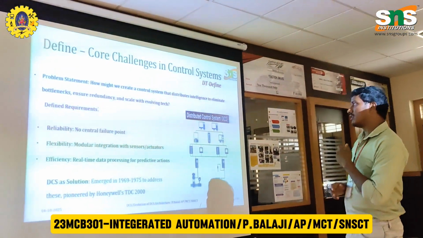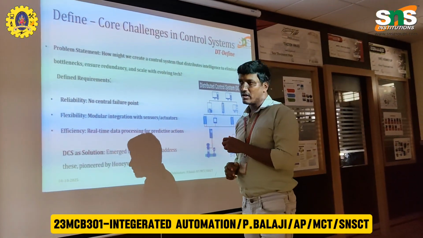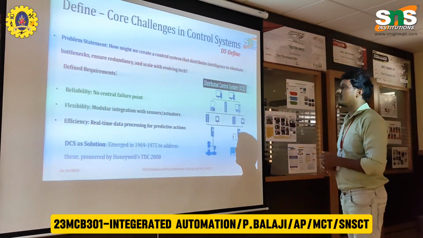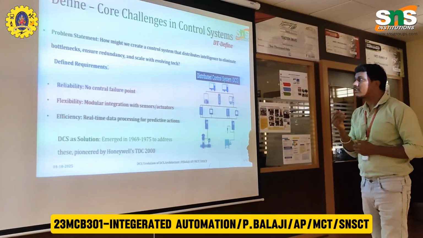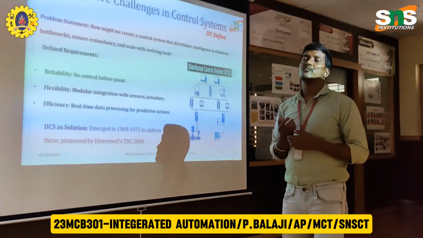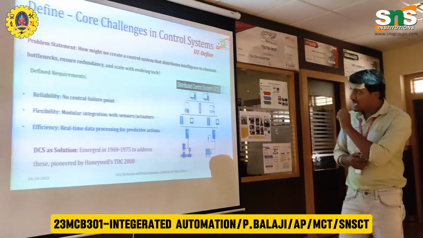So, define. What are the steps to rectify all those problems? We have many steps available. In the problem statement, we need to create a control system that distributes the intelligence to eliminate all those problems. That intelligent system is called our DCS system.